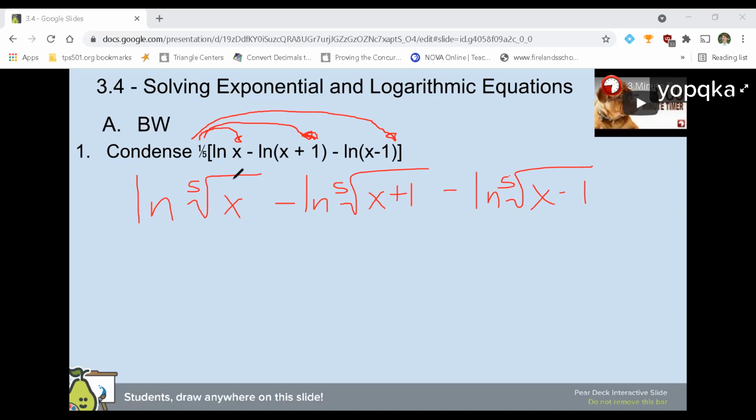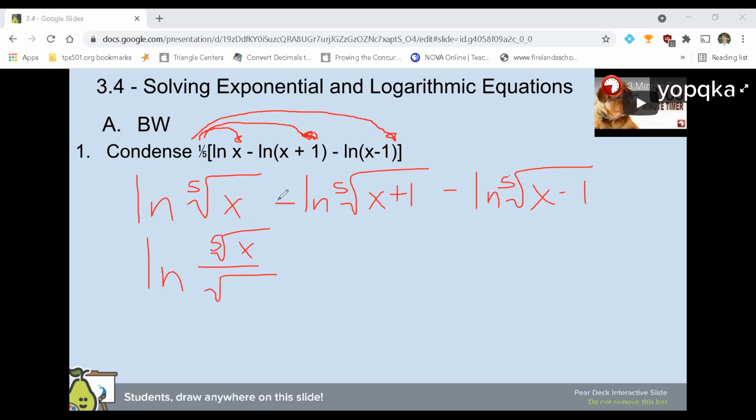All right, what about this old minus sign? What do we do with that? Yeah, that's a good question. We make it a division problem. So then this will become this. Okay. All right. Let's try. There we go. That's good.